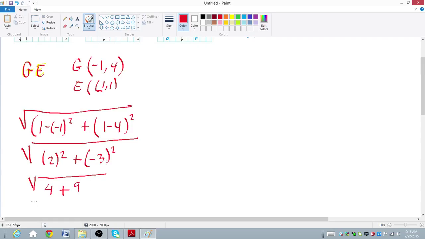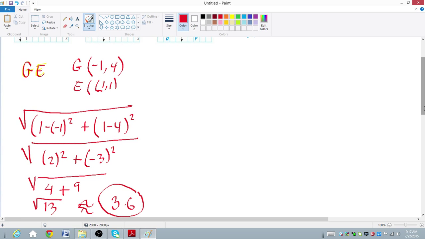That'd be the square root of 13. You use your calculator. So the square root of 13 is approximately 3.6. So this is equal to approximately 3.6. All right, so I got the red line.